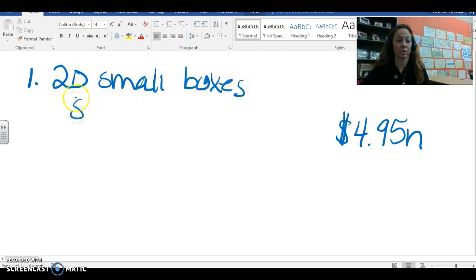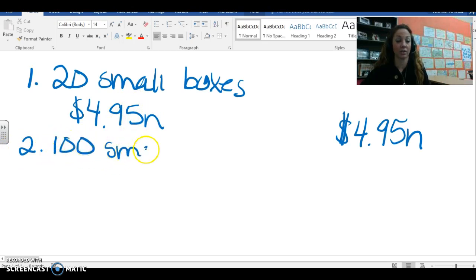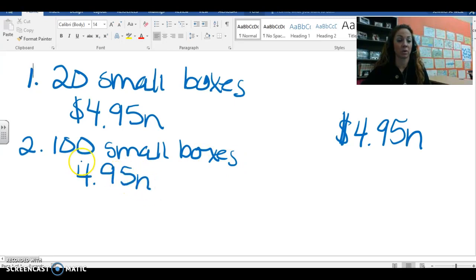So remember, you have to use $4.95 times n. For number 2, you're going to find how much it costs to ship 100 of these small boxes. Still using the same expression, $4.95 times n.